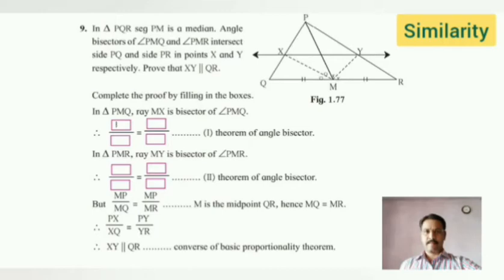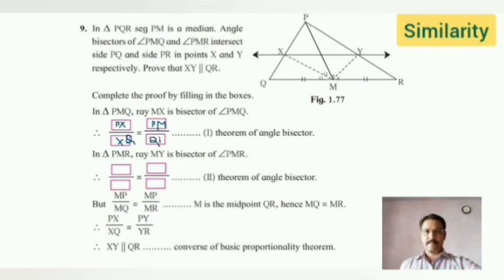In triangle PMQ, what can you write here? PX upon XQ, am I right? This is equal to PM upon QM.